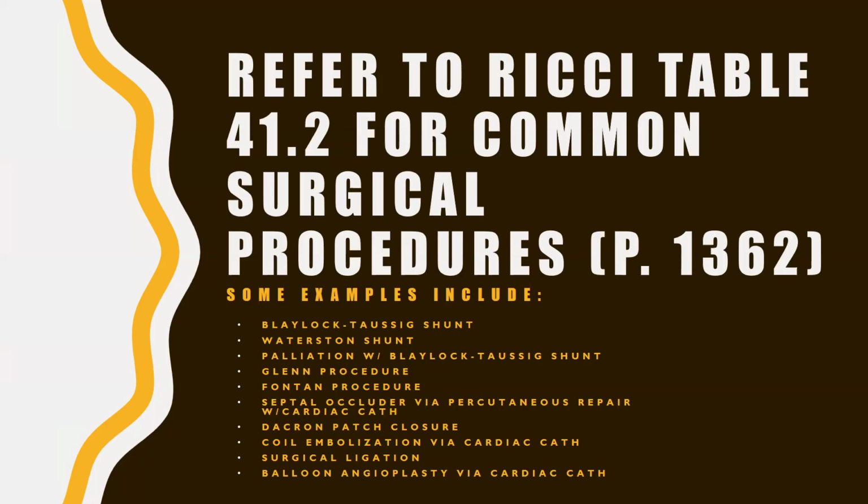I'm not going to go into the surgical procedures. It's on page 1362 through 1363. And it gives you the disorder, the type of surgical procedure, and the nursing measures you take for that.